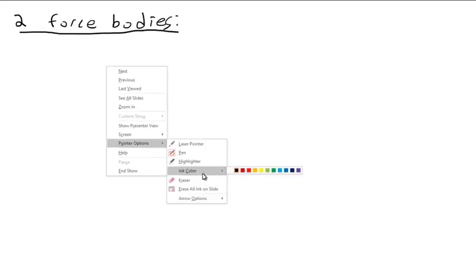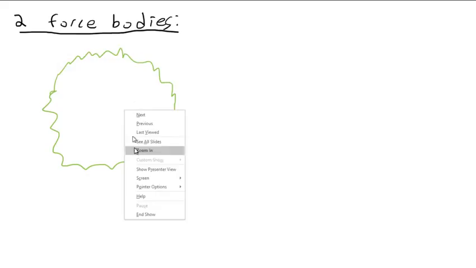Okay, so there are 2 special loading conditions I want to consider. This is what's known as the 2-force body and the 3-force body. So, 2-force bodies. Let's consider another potato. I'm going to draw another one of my favorite potatoes. So an arbitrary object with 2 arbitrary forces on it.